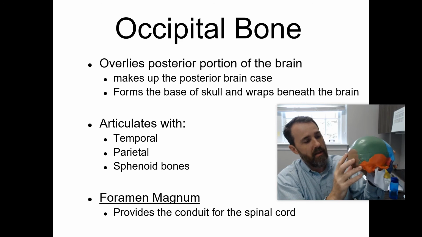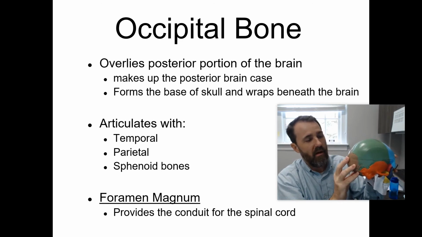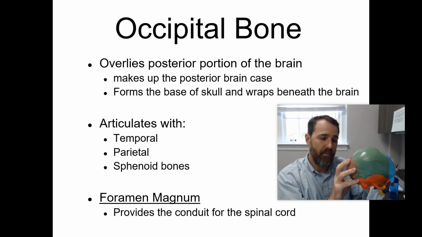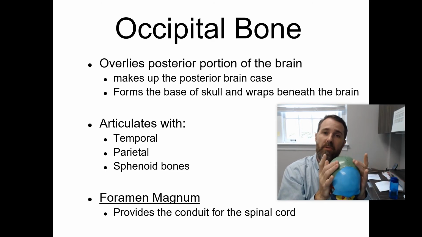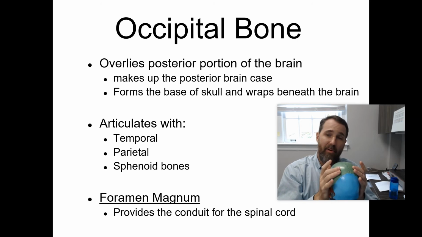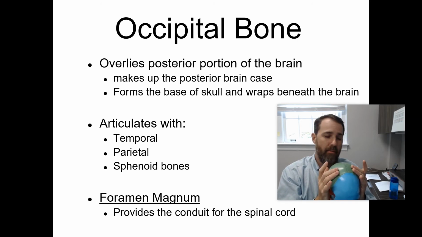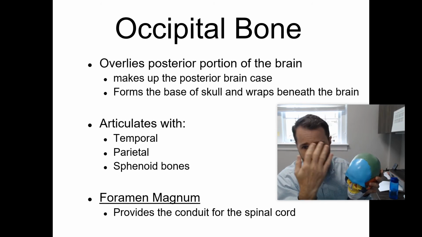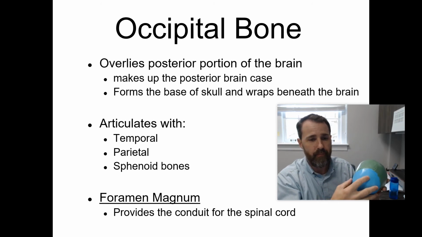The occipital bone overlays the occipital portion of the brain, just like the parietal bones overlay the parietal lobes of the brain, and just like the frontal bone overlies the frontal lobes of the brain.